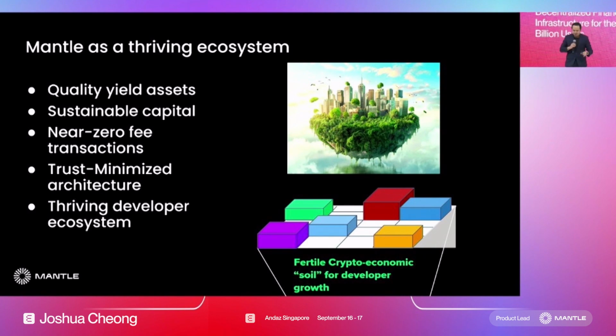Well, it means that Mantle has a thriving ecosystem where you have quality assets that are necessary for crypto economic security, sustainable capital deployed into things that have quality yield, near zero fees for developers, at trust minimized assumptions, right? Think of the L1, the L2, everything relies on the same fundamental crypto economic assumptions. And because of that, it creates this sort of crypto economic fertile soil for developer growth.